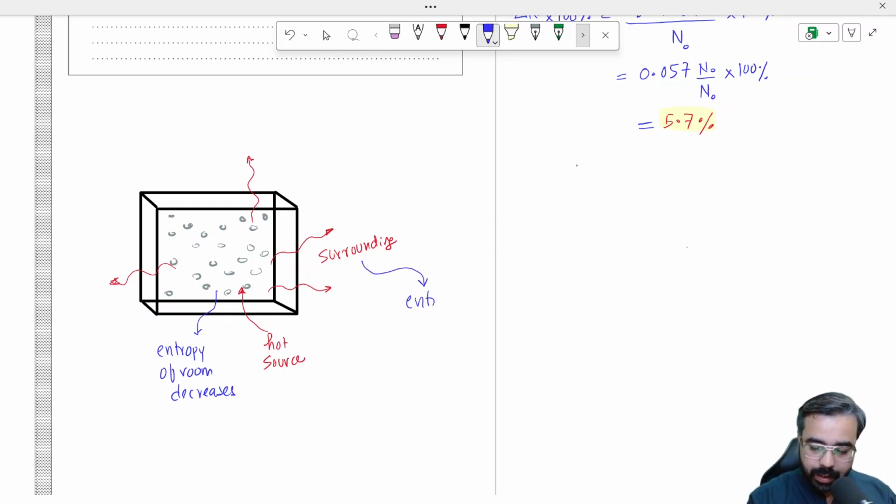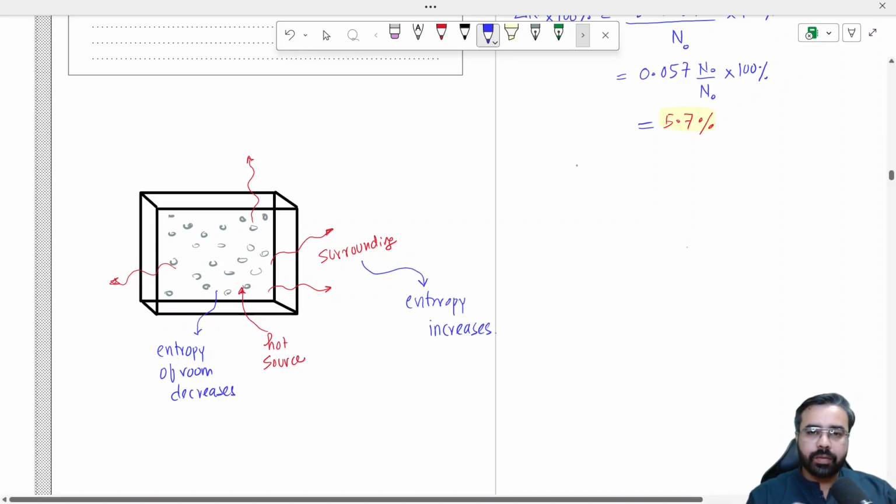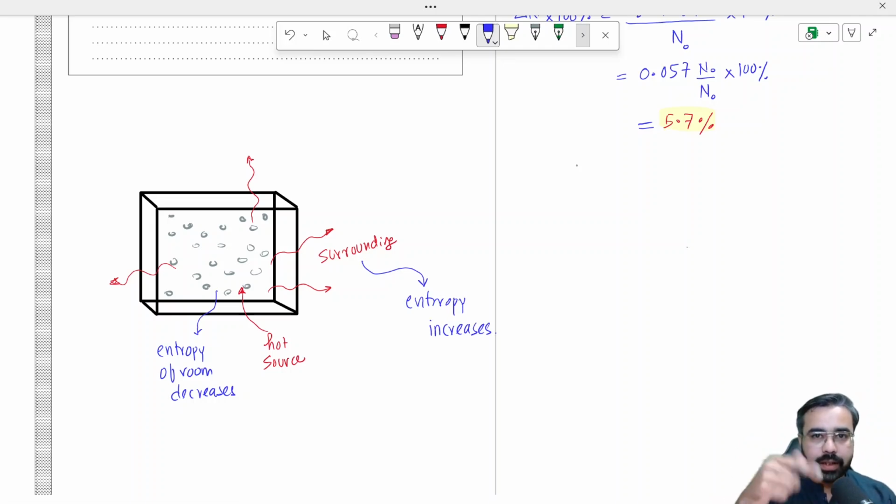Its entropy increases. So when I say entropy increases, it means that the randomness of the molecules in the surrounding increases. And secondly, whenever entropy increases, there is less availability, right? There is now less availability of useful energy.